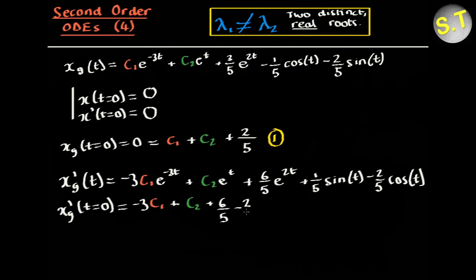So we'd have minus 2/5, and once again we can combine these terms here, and this is also equal to 0. So let's call this equation 2.